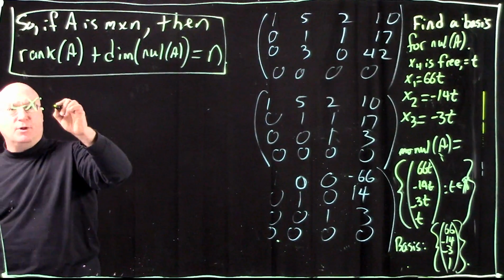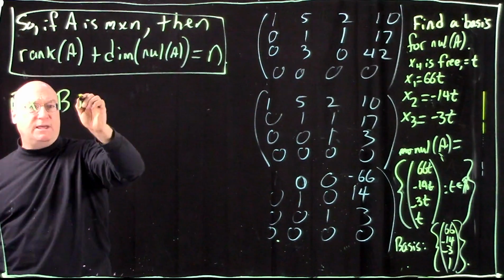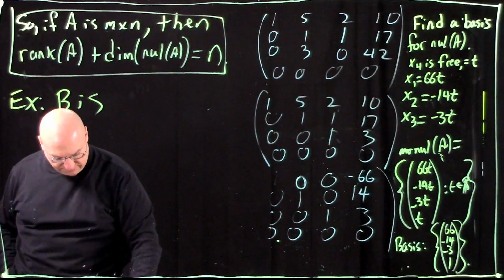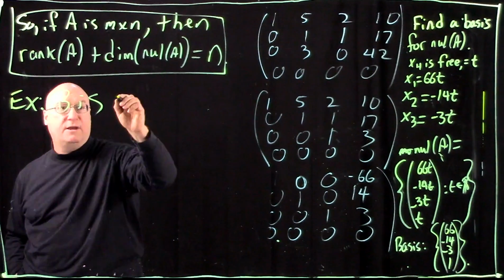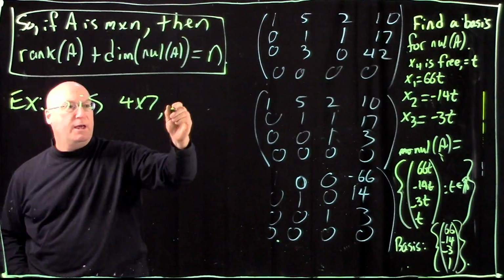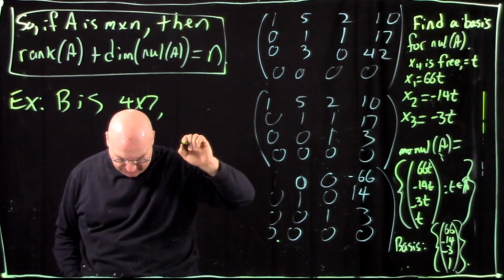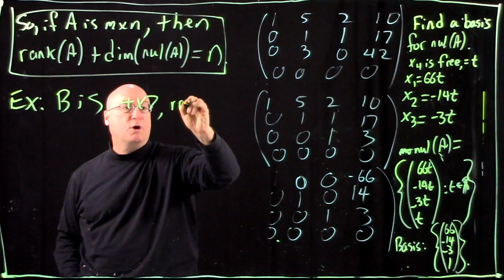Example, B is, what is it? It's 4 by 7. And what do I have here? I have the reduced row echelon form.